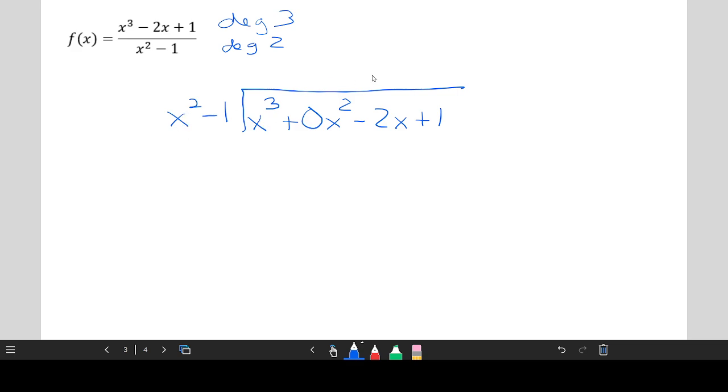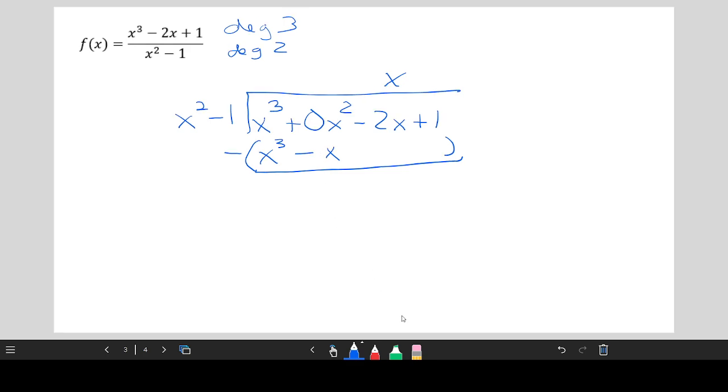So x squared times x gives us x cubed. We're going to take that x times the divisor. We get x cubed minus x. We're going to subtract that from the dividend. X cubed minus x cubed is 0. And then here for the x, I wrote this in the wrong place.